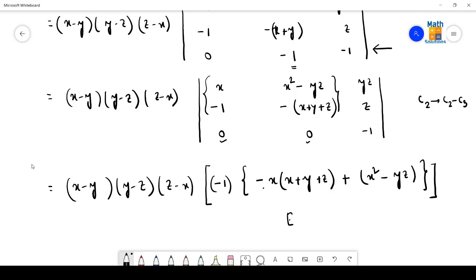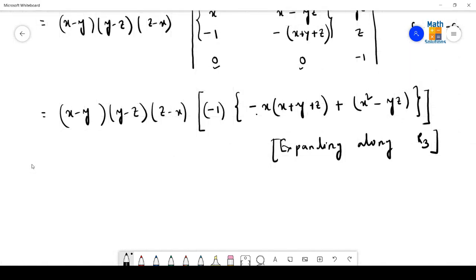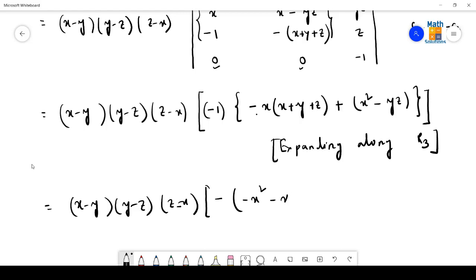So here I shall write expanding along R3. So after this what do I get? I shall be getting x minus y, then y minus z, then after z minus x, within the bracket there will be minus, within the bracket minus x square minus xy, then minus zx plus x square, then after minus yz.